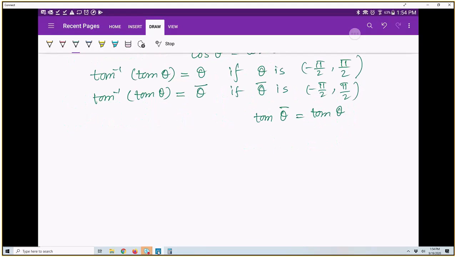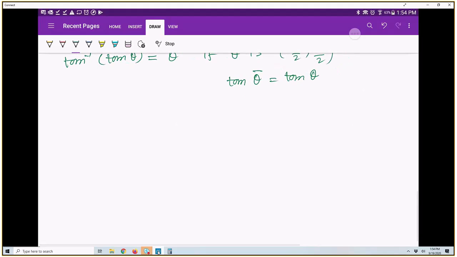Whereas the other way around of doing the function in the inverse, for example, if I do sine of sine inverse, it's a little easier. It is equal to x if x is in the domain of inverse, so that is in between -1 and 1. Otherwise, it doesn't exist.